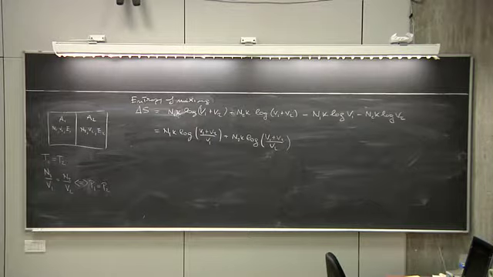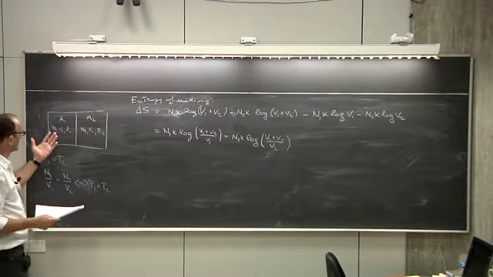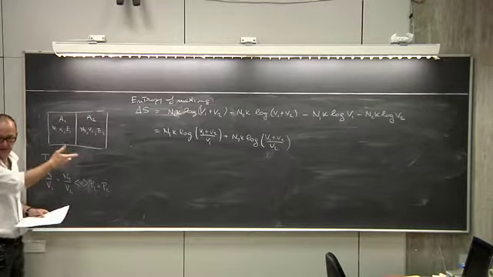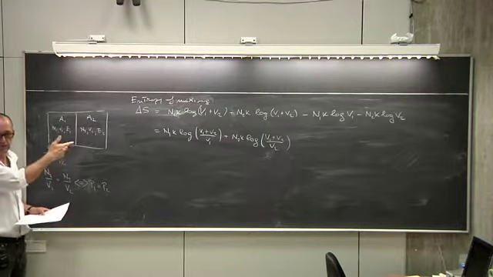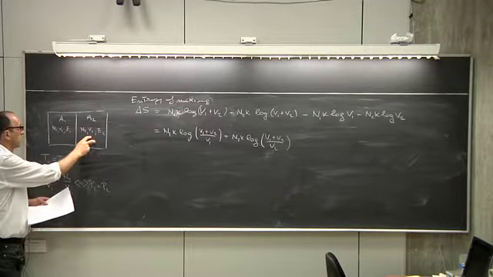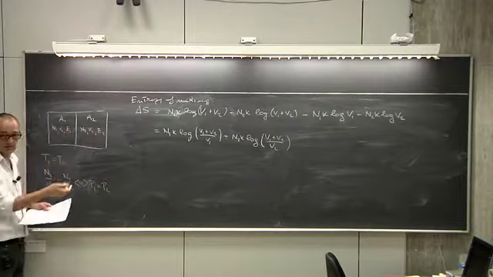Now, the point is, now imagine that the two gases are the same species. If the two gases are the same species, then when I remove the wall, the particles which were here will start moving here and so on.